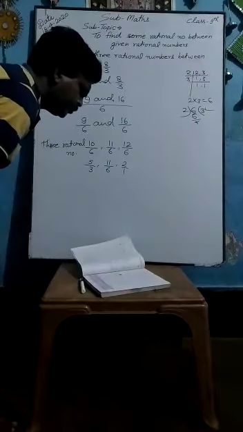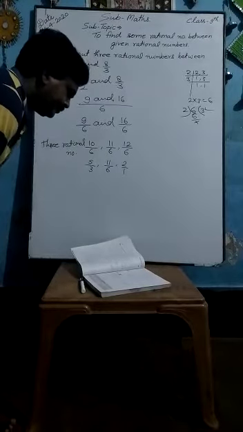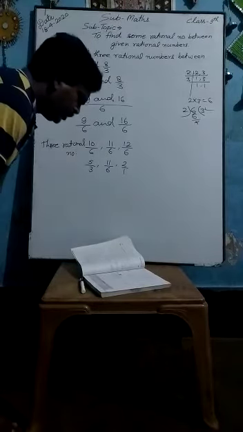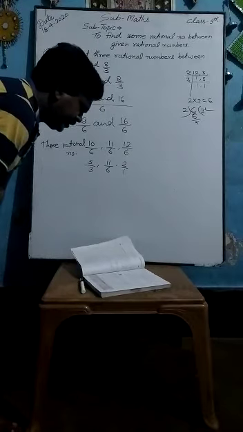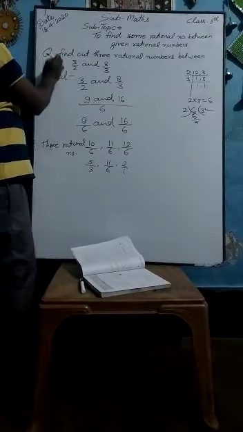If you need to find 9 rational numbers between given rational numbers, then how?